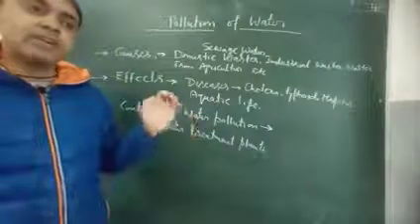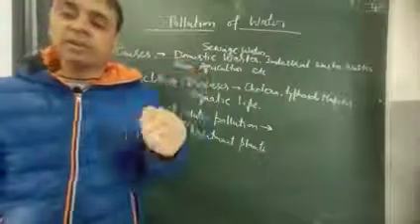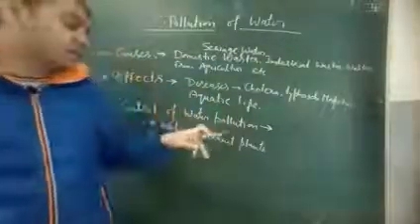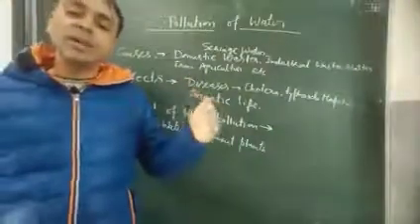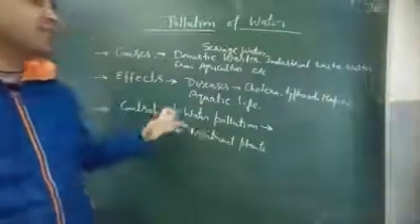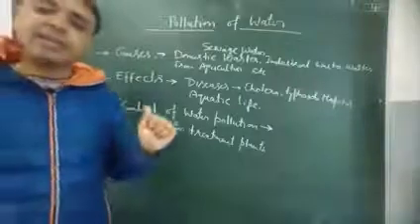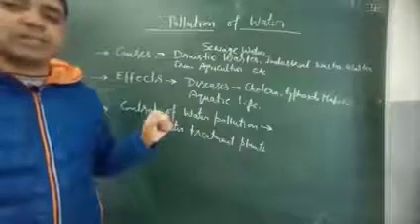Suppose we are going to dispose industrial waste water into a water body like a river. Before that it should be treated in a water treatment plant. In doing so, we remove the harmful chemicals from that water and throw the clean water into that water body.